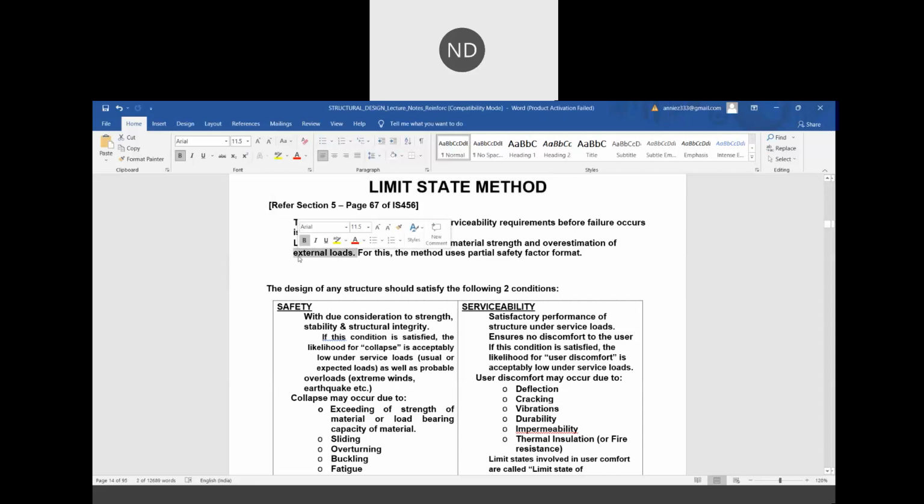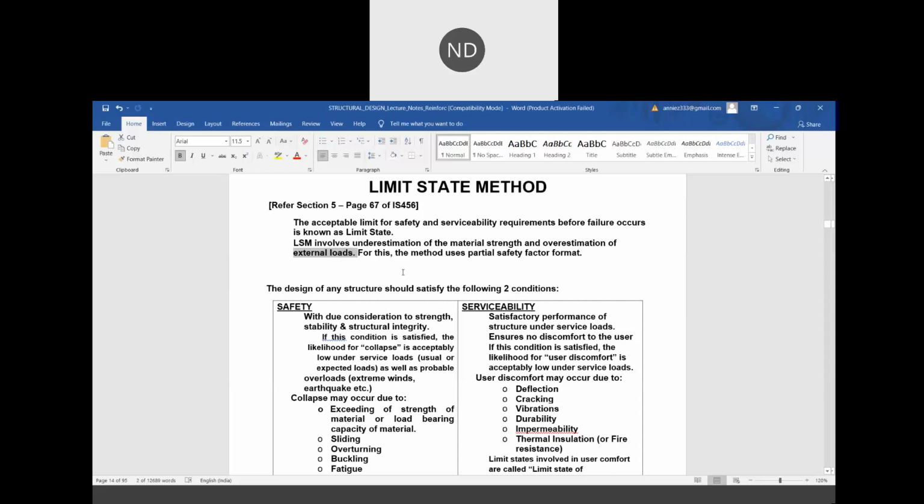So in the limit state method, we consider that the strength of the material is less, and the external load is very high.